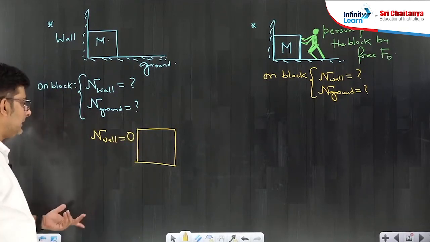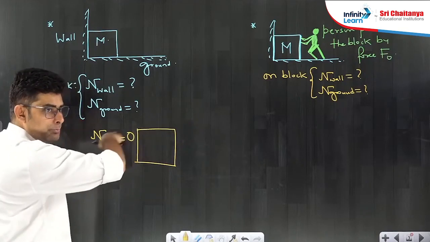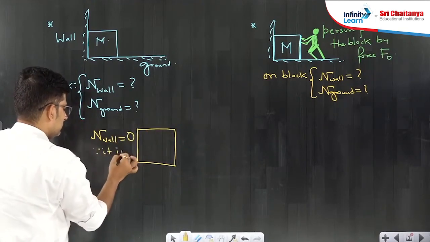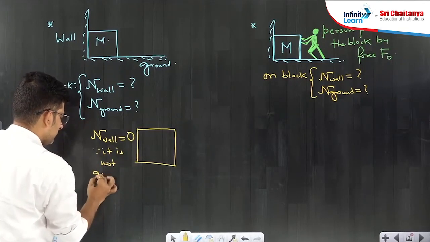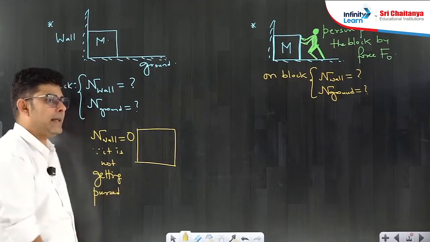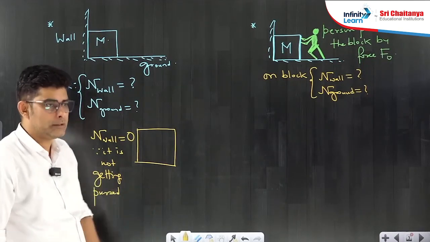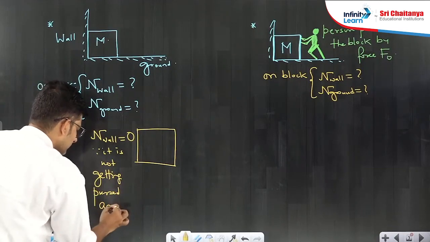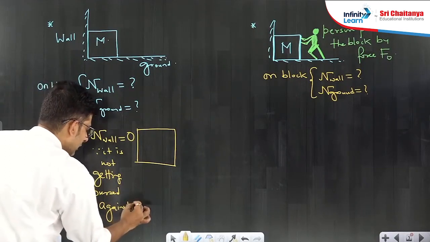You can say that horizontally it is not pushed against the wall. Not getting pressed. So if you just stand touching a wall, it does not mean it will exert normal reaction. Remember from now onwards.